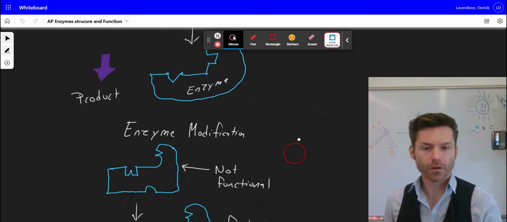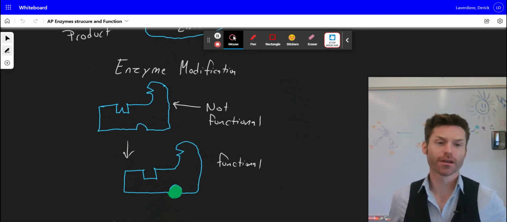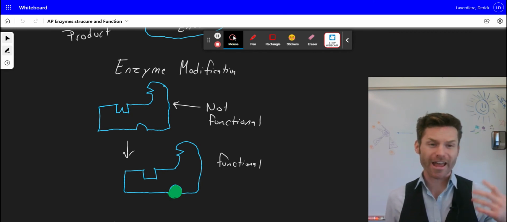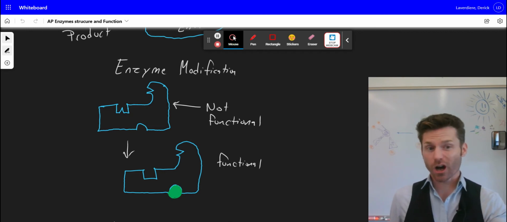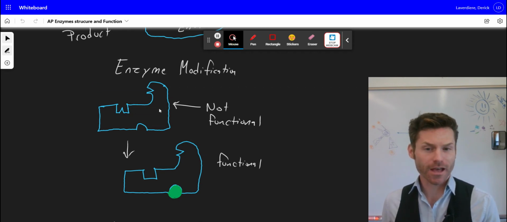One of the cool things taken into account when we think of the induced fit model is the fact that enzyme activity can actually be regulated in terms of rate or on and offness by other third-party molecules. So if this is my enzyme to start with, I could have it not functional.